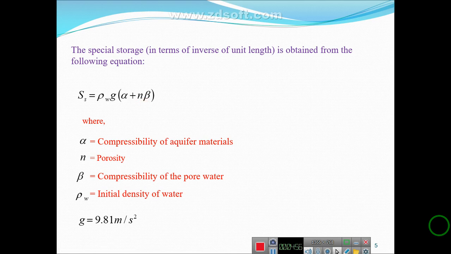In this equation, alpha is the compressibility of the aquifer materials, n is the porosity, beta represents the compressibility of the pore water, rho w is the initial density of water, g is the acceleration of gravity. It is 9.81 meter per second squared.